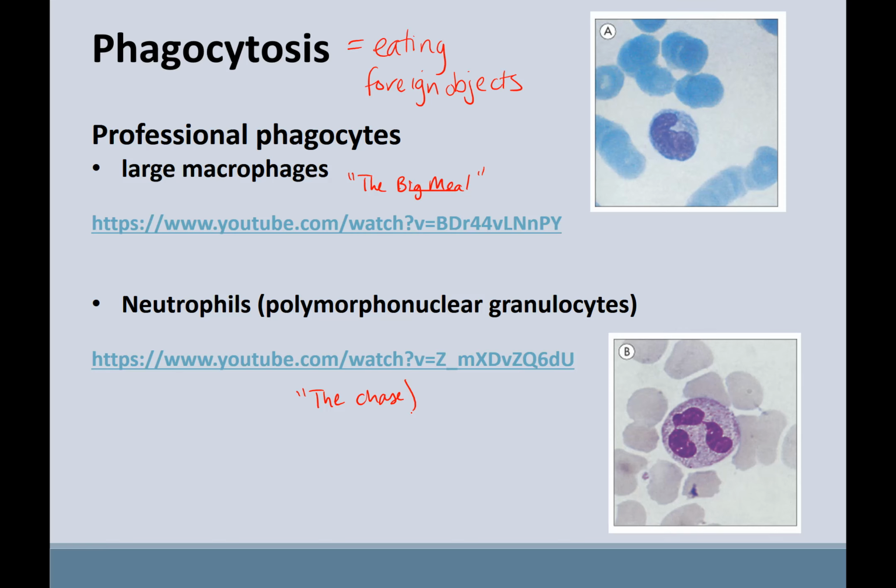So macrophages are one of the main types of phagocytes, and neutrophils are the other type. Macrophages are much longer lived. Neutrophils have a shorter lifespan.